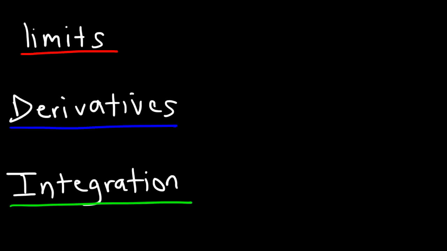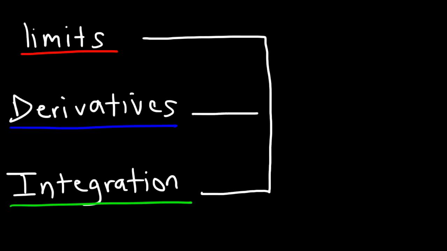And we can find that value by evaluating the definite integral or by calculating the area under the curve. So these are the three fundamental concepts taught in a typical calculus course. So make sure you understand the basic idea behind limits, derivatives, and integration.